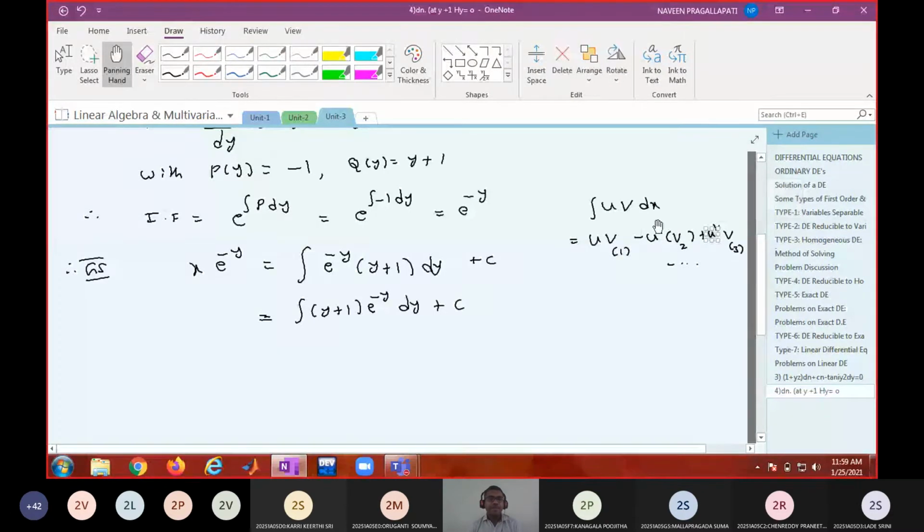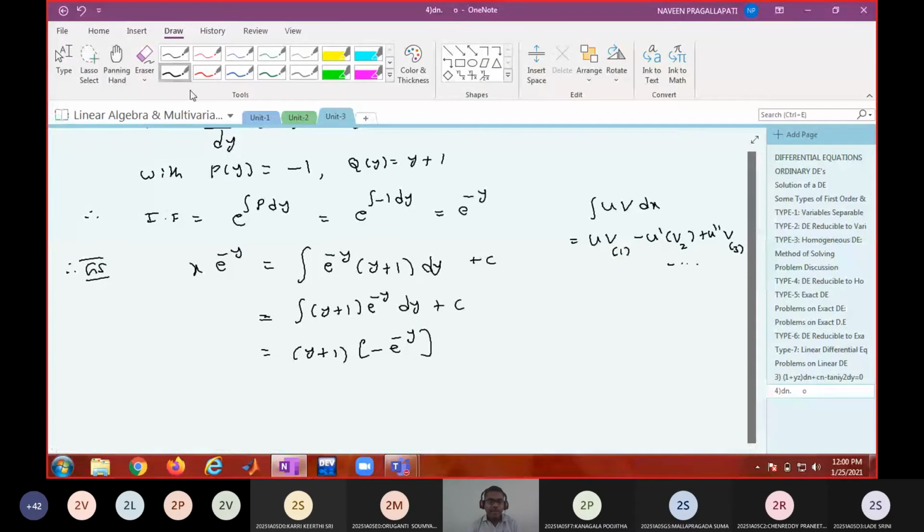So whenever you have a polynomial, take the polynomial as u, because after certain derivatives it is going to be 0. So this is going to be y plus 1 into, what is the integral of e power minus y? The integral of e power minus y is minus e power minus y. Alternately write plus minus.